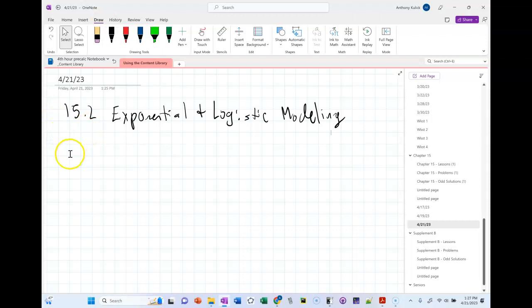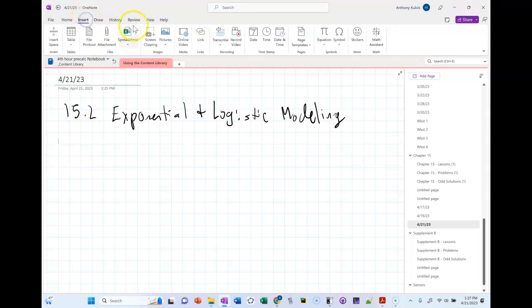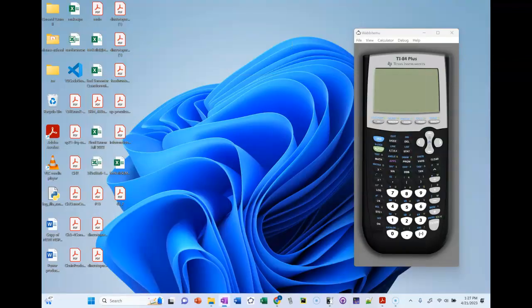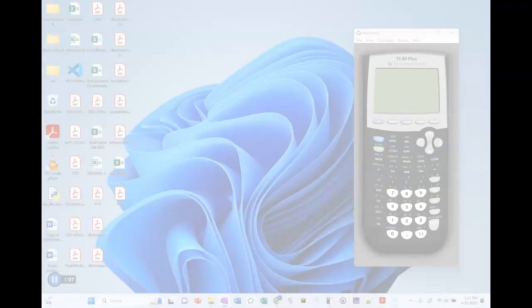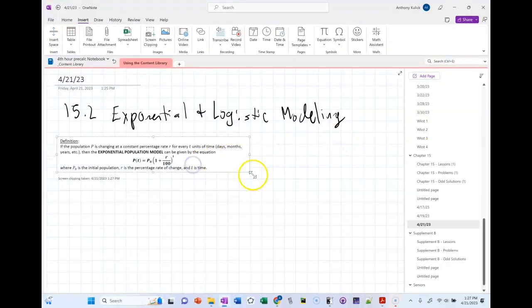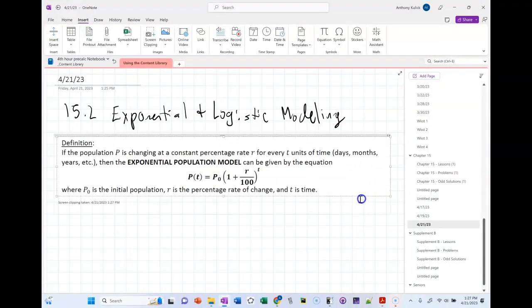So in the previous section, we used these exponential and logistic models to answer questions. Today, in this section, we're going to actually be writing our own models from situations.